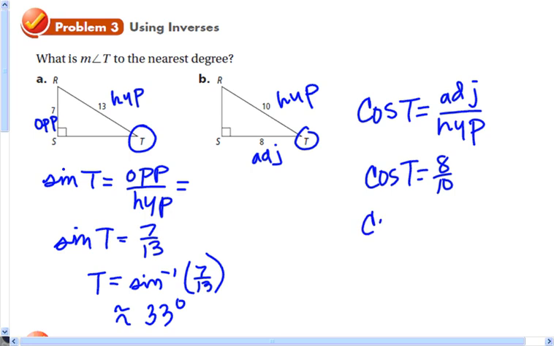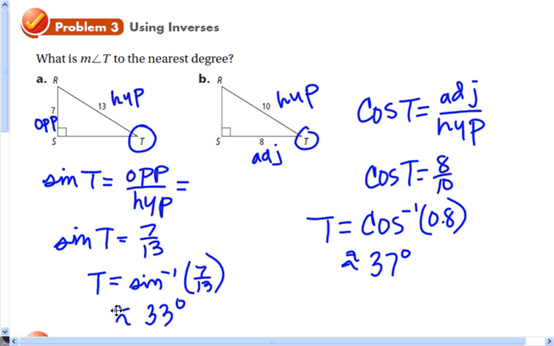And then to find that angle, we actually have to use the cosine inverse. T is equal to the cosine inverse of that ratio, which we can write as a decimal, 0.8. And then we're going to find that on our calculator. And that turns out to be about 37 degrees.